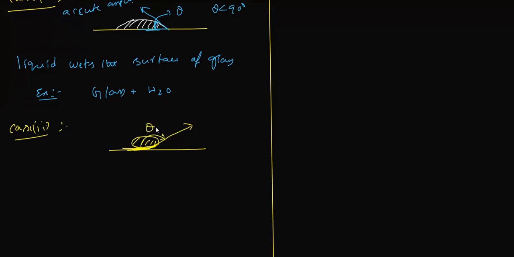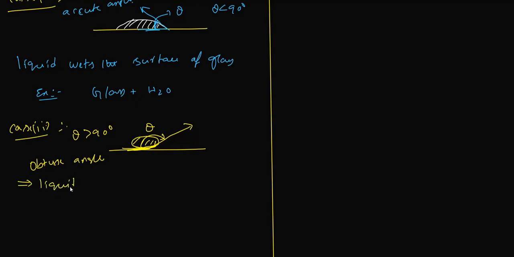Is theta acute or obtuse? Theta is greater than 90 degrees, so we get an obtuse angle. Whenever we get an obtuse angle, the liquid will not wet the surface.